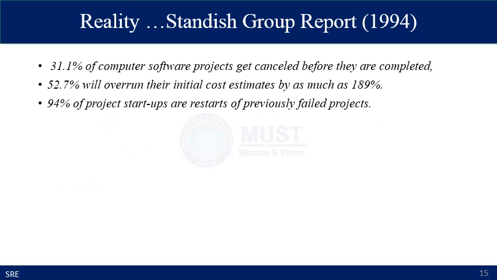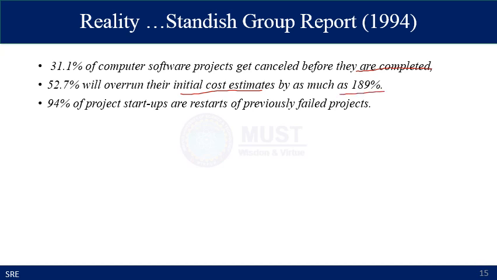So here is a survey from a Standish Group report, and in reality, it states that about one third of computer software projects get cancelled before they are completed due to wrong estimation of the requirements, and 50% of those will overrun their initial estimated cost by as much as 189%.